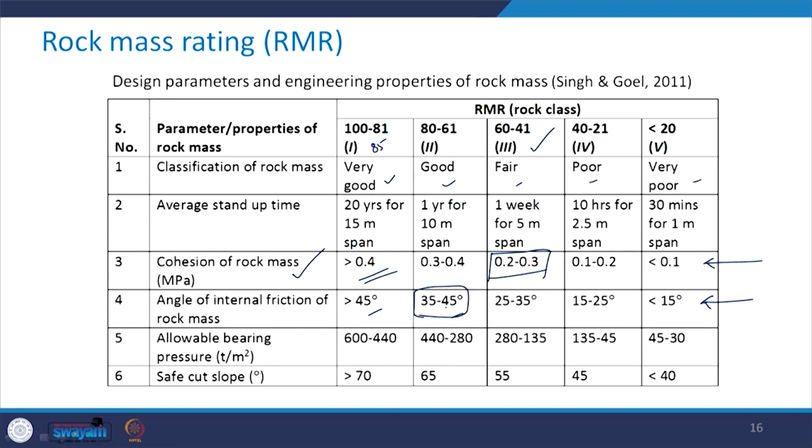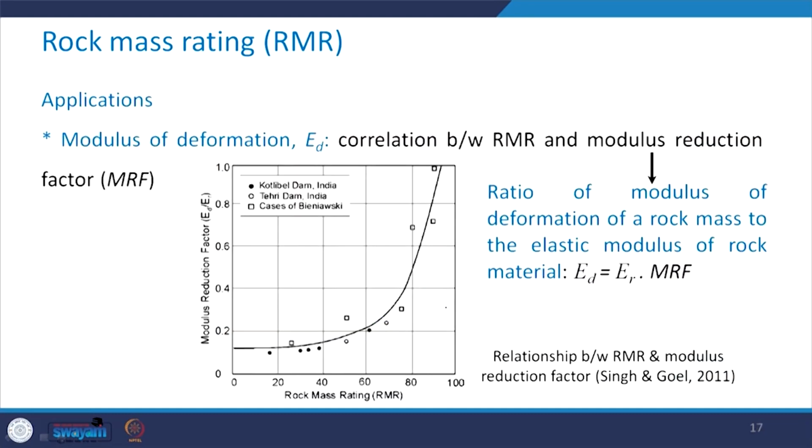You need to keep in mind that even for the highly weathered rock, the angle of internal friction will be more than 14 to 15 degrees. So, it will not go further below that, like it cannot be 10 degrees or 5 degrees. So, please remember that.